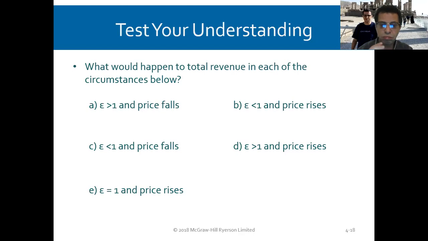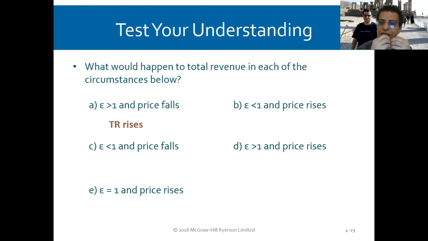Now, just to very quickly see your understanding, what would happen to the total revenue in each of the circumstances below? If the elasticity is higher and the price falls. When we say higher elasticity, it means people are more sensitive to the price changes. So if the elasticity is higher and the price is falling, people will buy more, and you multiply quantity by the price, so the total revenue increases.